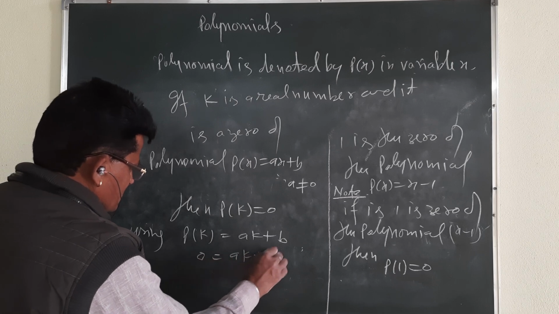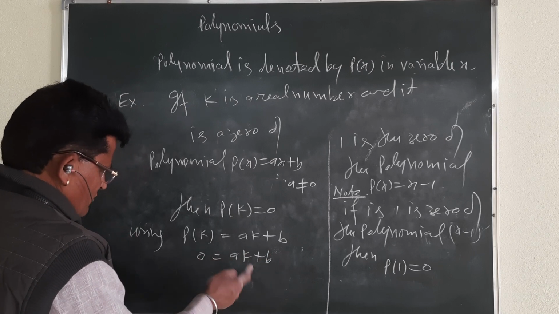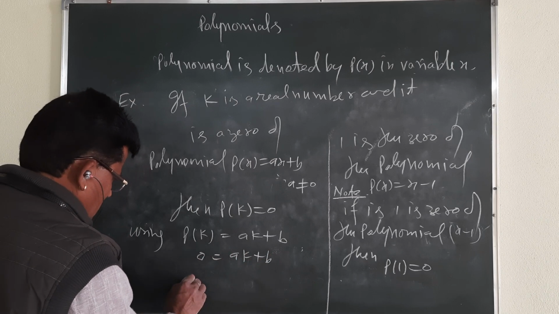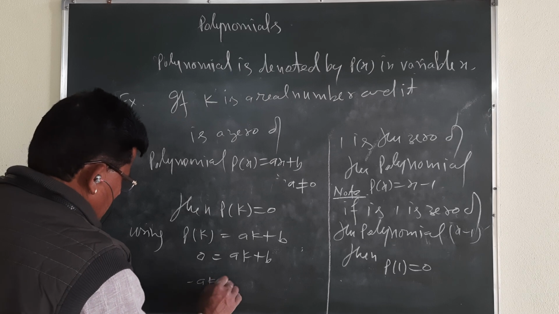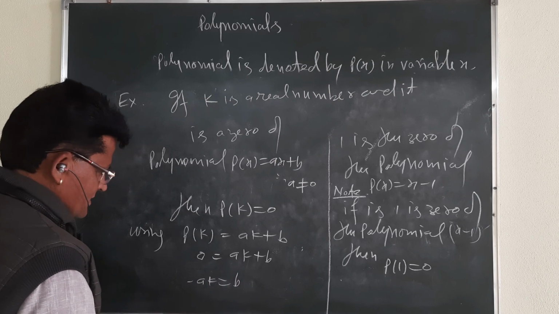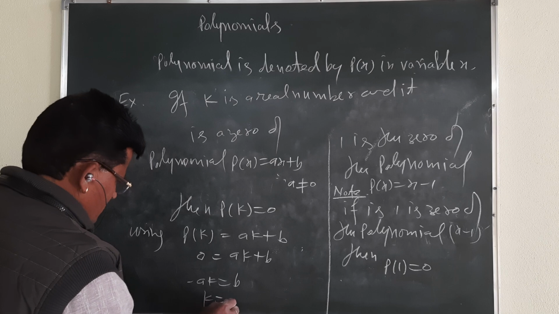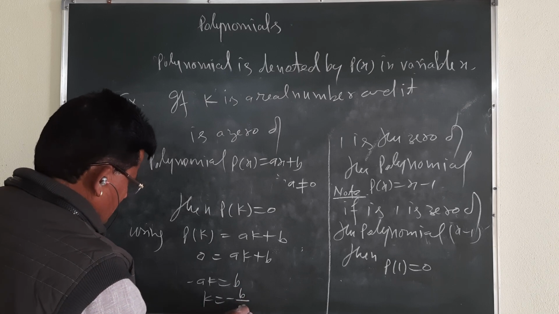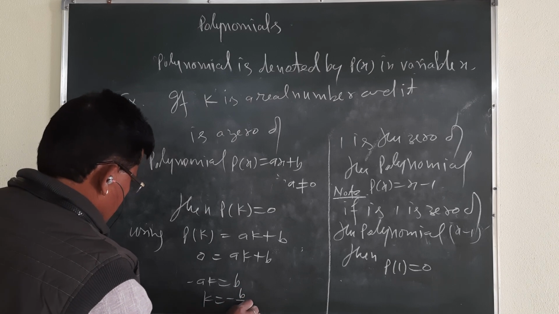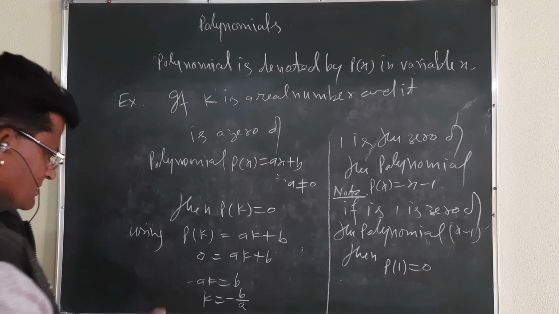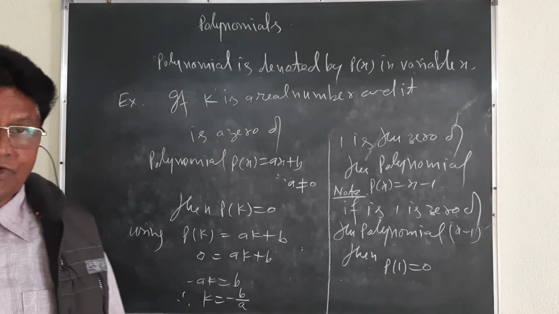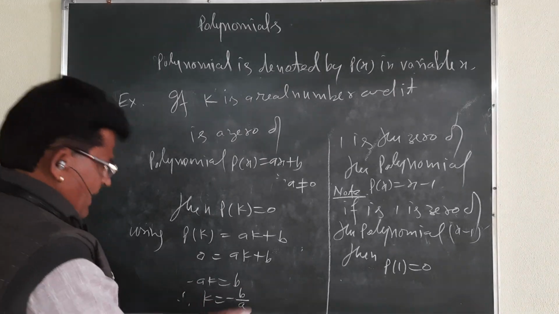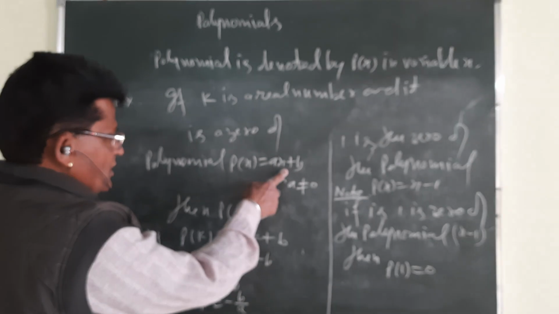Then ak plus b equals 0. Take ak from the left side to the right side, minus ak is equal to b, and then k will be equal to minus b by a. Minus b by a is the zero of this polynomial.